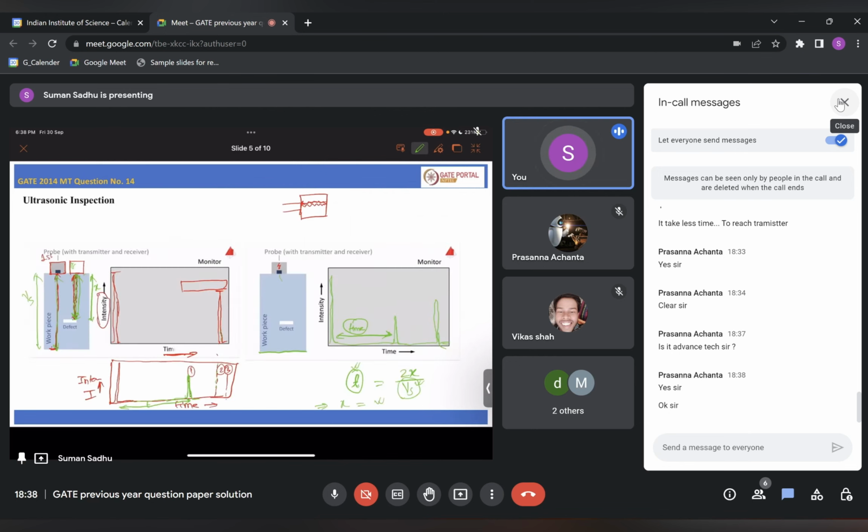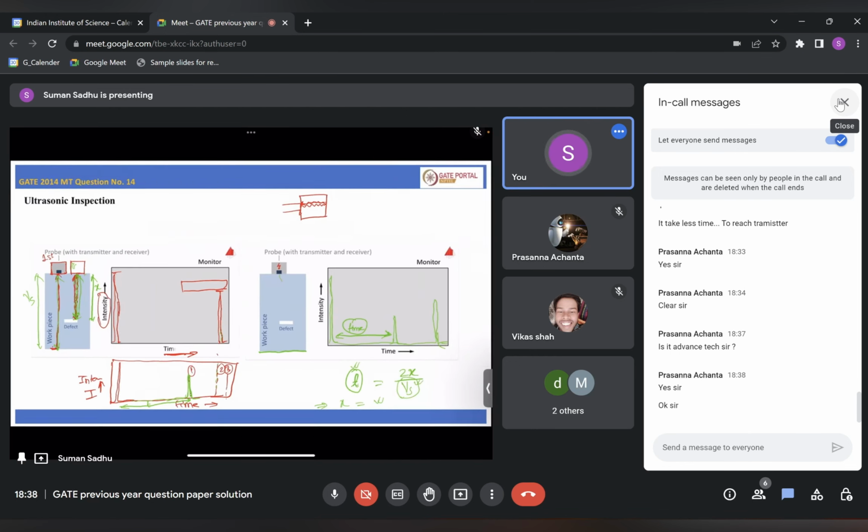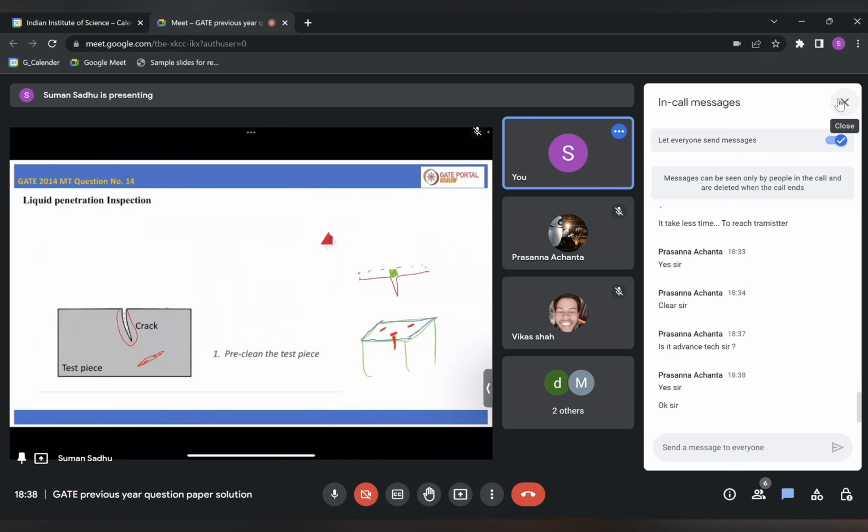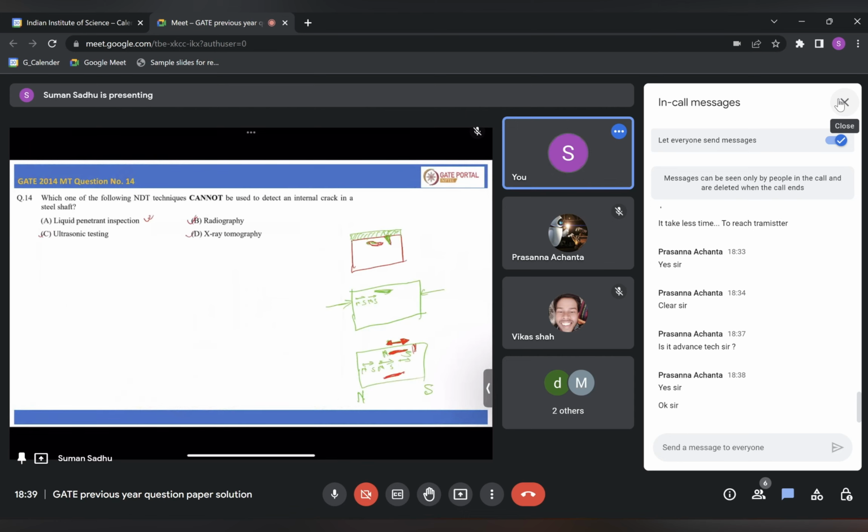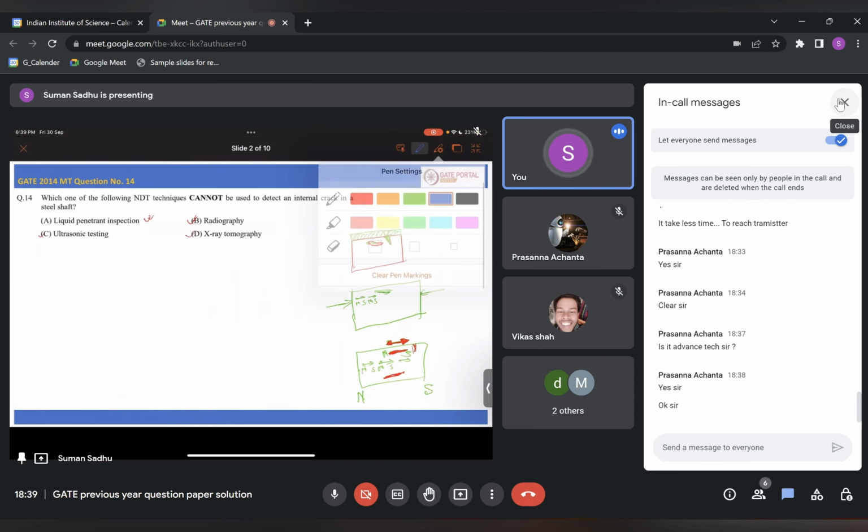Okay, so we solved this first question. Now you know the principle of all the techniques: liquid penetration, radiography, ultrasonic testing, X-ray tomography, right?